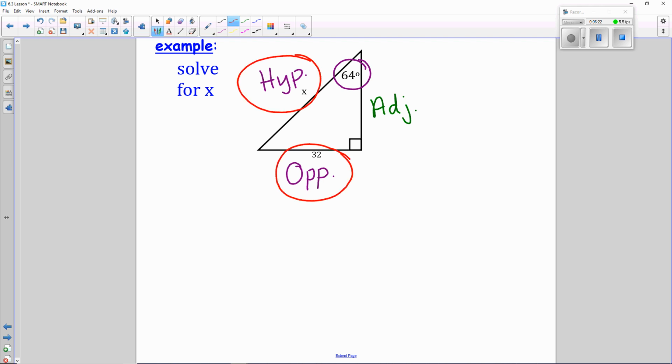So I'm going to circle these two things because we've got a number, we've got a letter. So we're going to use the SO trig function, the sine trig function, because that's the trig function that uses O and H. It's basically the same setup. So we're going to take the sine and we're going to abbreviate that SIN. 64 degrees equals the opposite side over the hypotenuse.